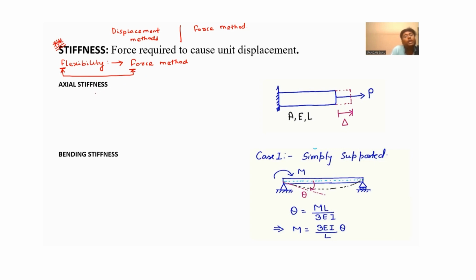Now, come to axial stiffness. Now, this is a bar member.